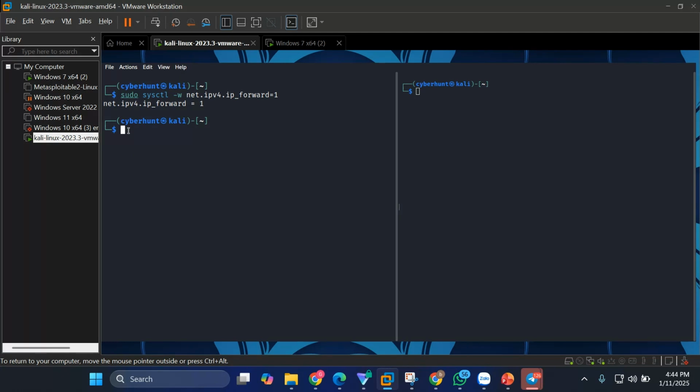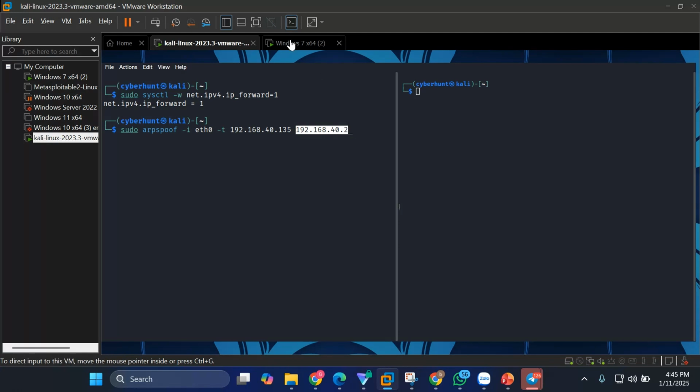I am going to use this command: sudo arpspoof -i for interface, eth0, or if it were a wireless connection, we would have wlan here, then -t, and then we give it the IP address of the target whose traffic we want to spoof, and then we trick it to believe that we are now the default gateway.